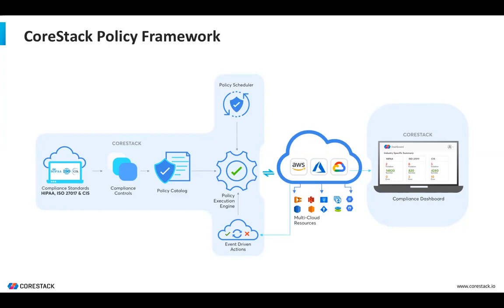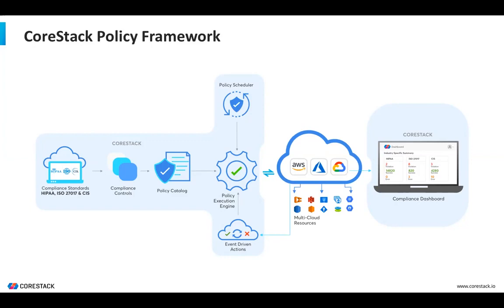Basically, it provides a control and then provides a mechanism to map a policy to various services through a converged policy catalog. CoreStack leverages native policy frameworks like AWS Config and Azure Policy, and CoreStack also has a Datalog-based policy engine, which maintains the compliance in a dynamic way.